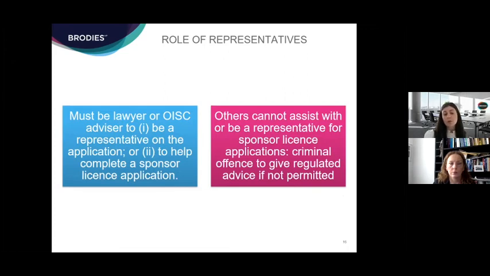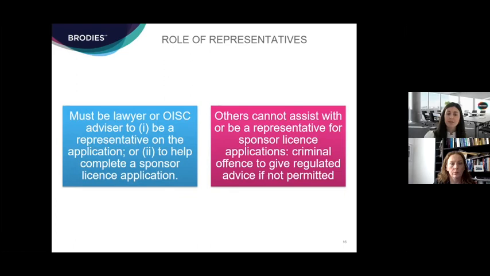Also, just before we go to the question and answers element of today's session, just important to remember that when you're submitting a licence application, you can appoint a representative to help you. Some employers do that, some choose not to, and that's absolutely fine. But if you do, then you have to make sure that they are a lawyer, or that they're regulated by the OISC in the UK to provide immigration advice. And that's because immigration advice is tightly regulated in the United Kingdom.